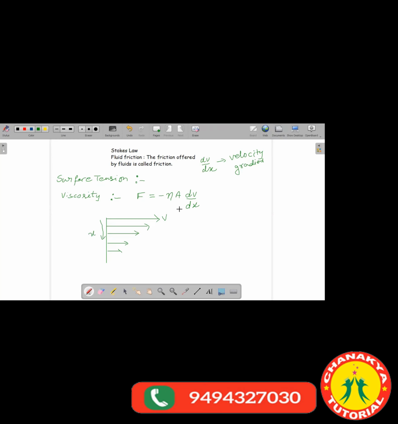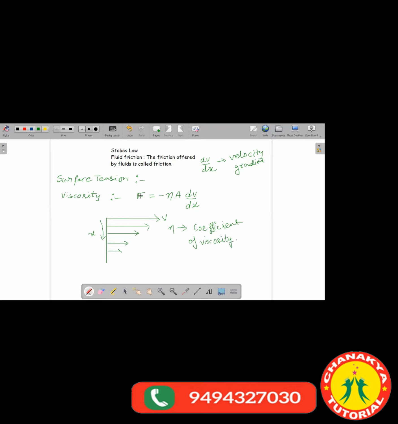So that is why F equals minus eta A dv by dx. Here eta is the symbol for the coefficient of viscosity.